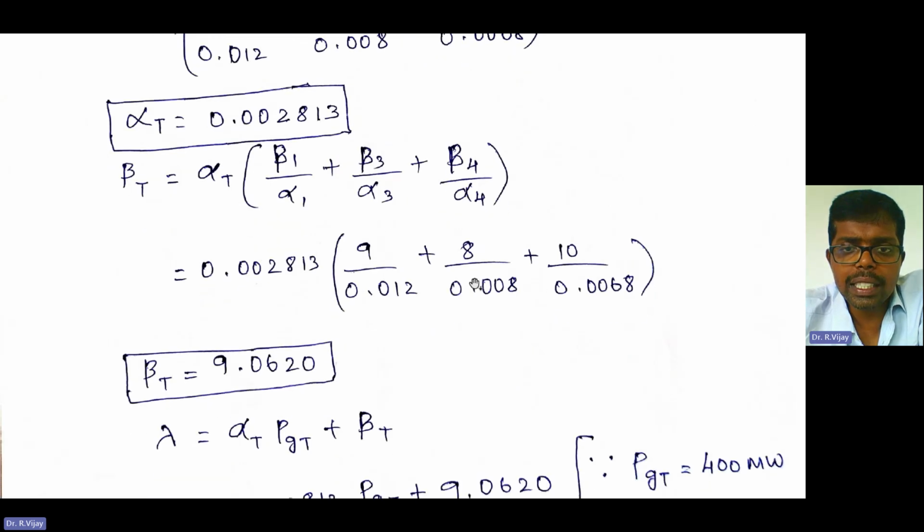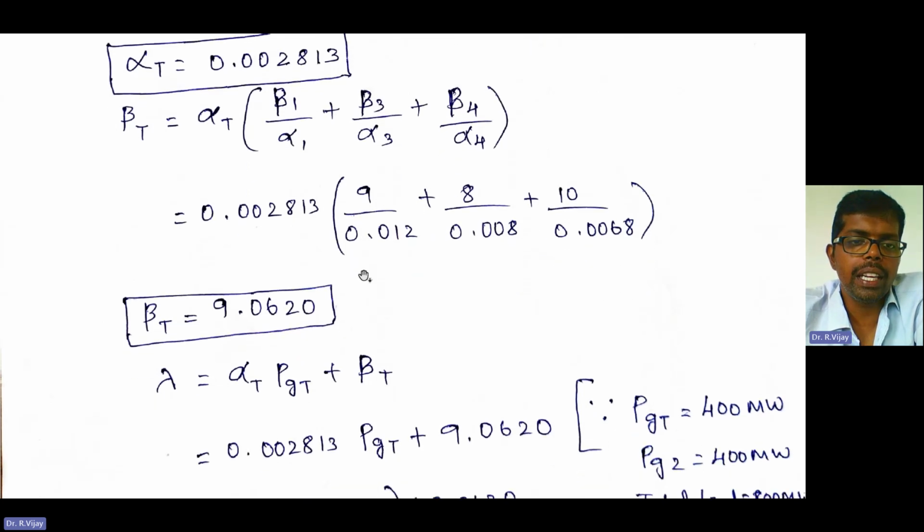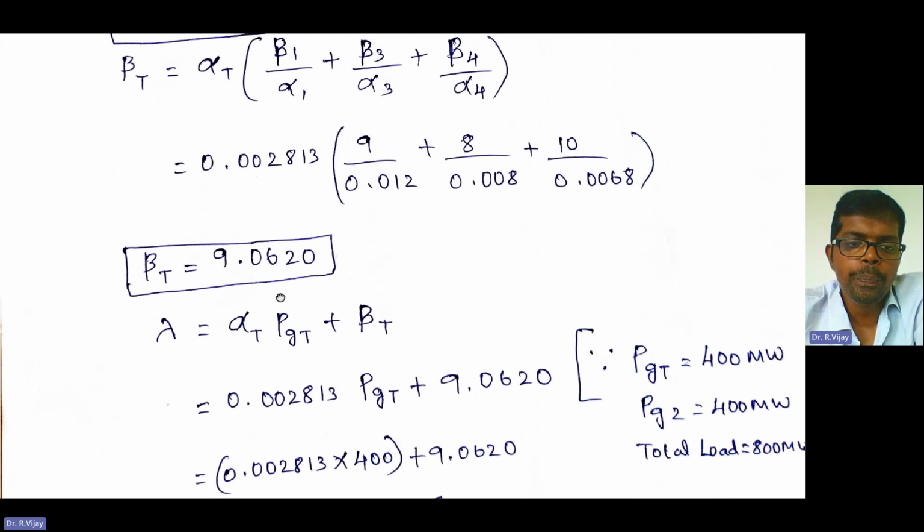Substituting from our problem data: alpha t is 0.002813, beta1 is 9 divided by alpha1 0.012, plus beta3 is 8 divided by alpha3 0.008, plus beta4 is 10 divided by alpha4 0.0068. Simplifying with a scientific calculator, we are getting 9.0620.